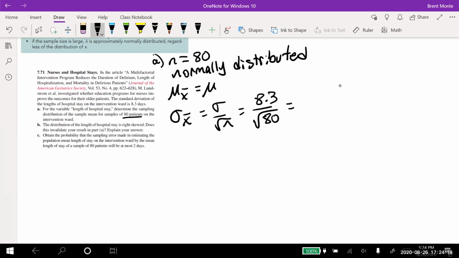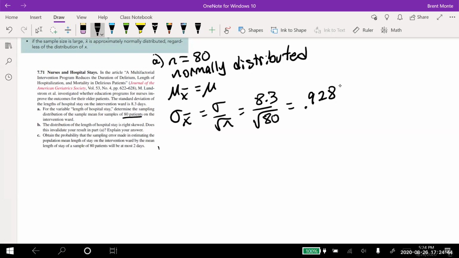So 8.3 divided by the square root of 80. So I know my standard deviation is about 0.928, rounded off to 3 decimal places. That's what part A is talking about. What does this distribution look like? It's normally distributed. The mean is mu, and the standard deviation is about 0.928.